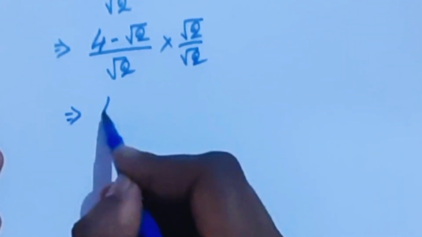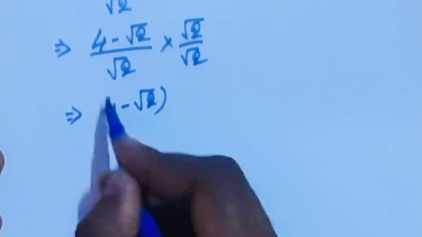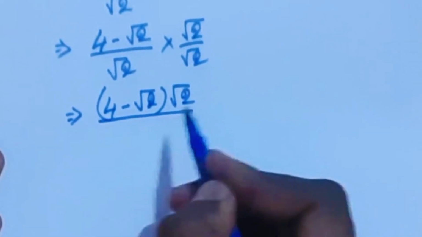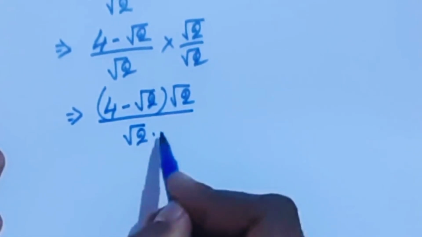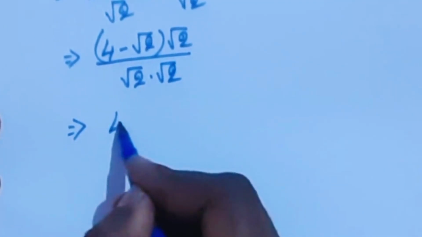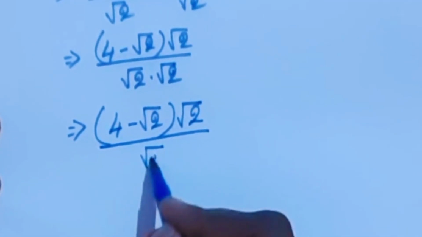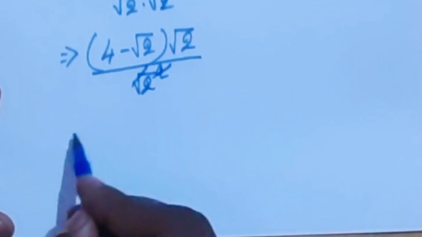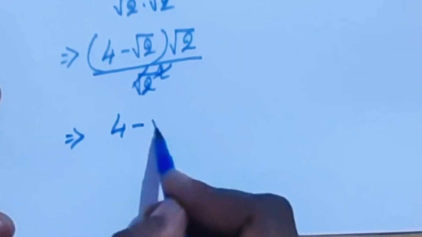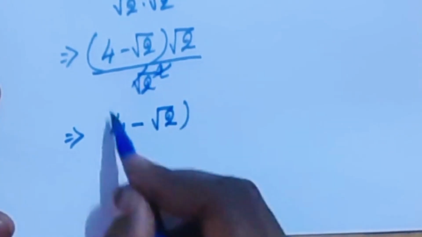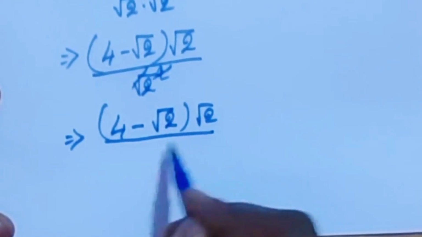Now we are going to rearrange this as 4 minus square root of 2 times square root of 2 whole divided by square root of 2 times square root of 2, that is square root of 2 square. Now the square and square root will cancel each other. Here we have 4 minus square root of 2 times square root of 2 whole divided by 2.